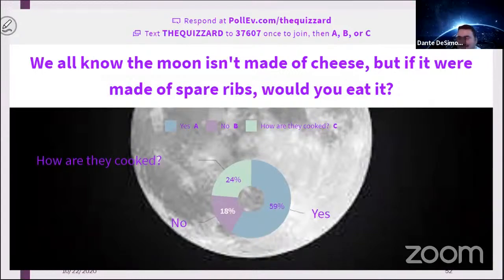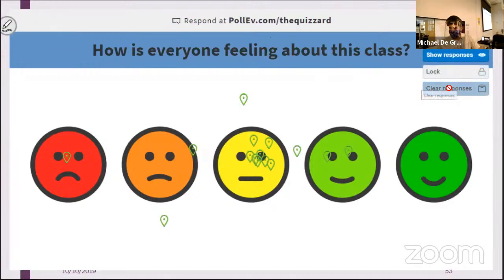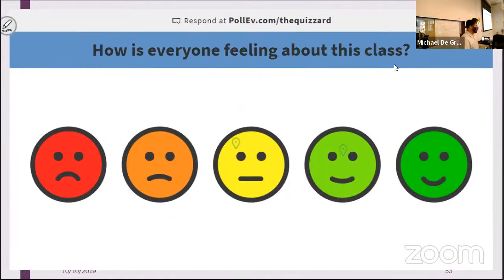Again, something as evil as geese cannot be robots. Okay. Looks like you guys would eat it. Maybe you should just grab some breakfast or something before class, so that weird space ribs might not be the best thing for you.